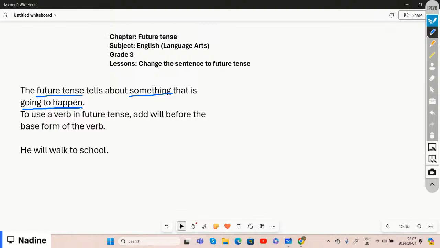And in order for us to use the future tense, we will have to add will before the base form of the verb. So before we write our verb, we need to write down the word will. So it's like will and our verb, will and the action.